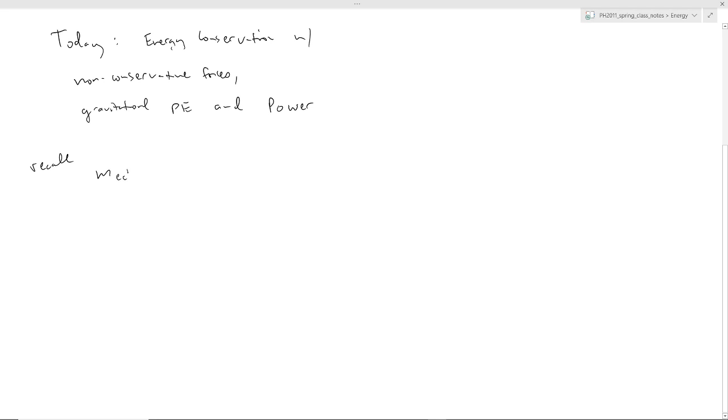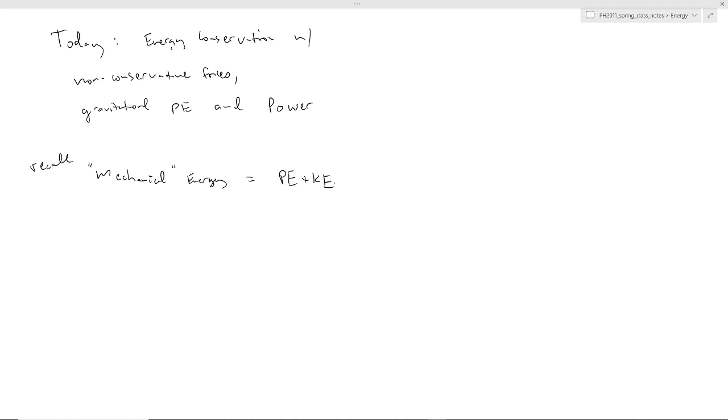We talked about mechanical energy, which was just the sum of potential energy and kinetic energy. So that was sort of the energy that we can write down an expression for as a function of position and velocity.